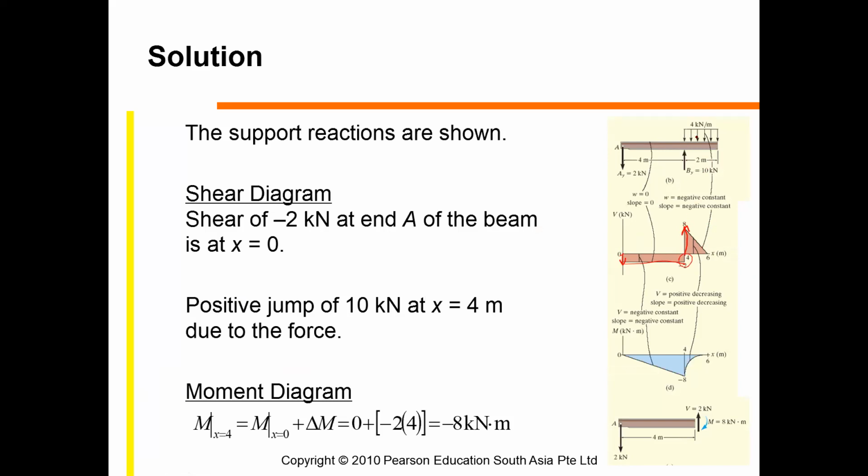But because this is a UDL, wherever you have a UDL, people, it's not a simple beam, it's a slope. So the graph is a slope. For UDL, it's a little bit different. See there? It's a slope.